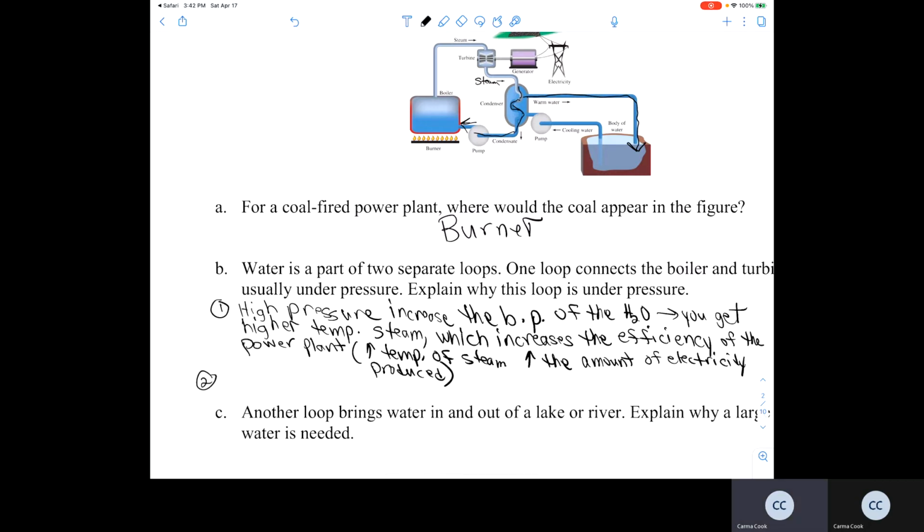And then another reason why this loop is under pressure, like I stated earlier, is to condense or compress the water vapor into liquid water.